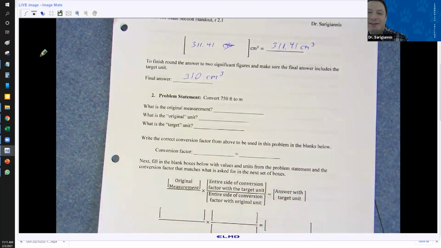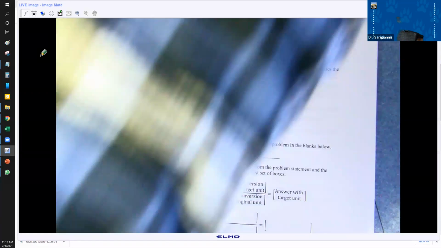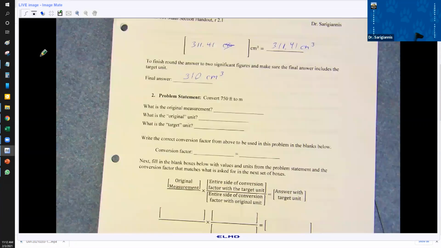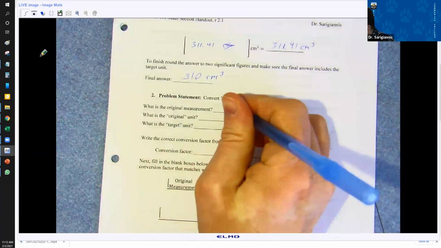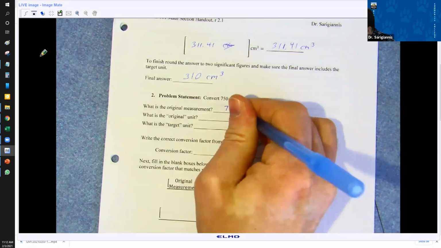All right, so again, this is basically walking you through the methodology, or the thought process, right? If you're given a conversion, what's the thought process you'd be going through to make that conversion? And obviously you're identifying the original measurement here, 750 feet.